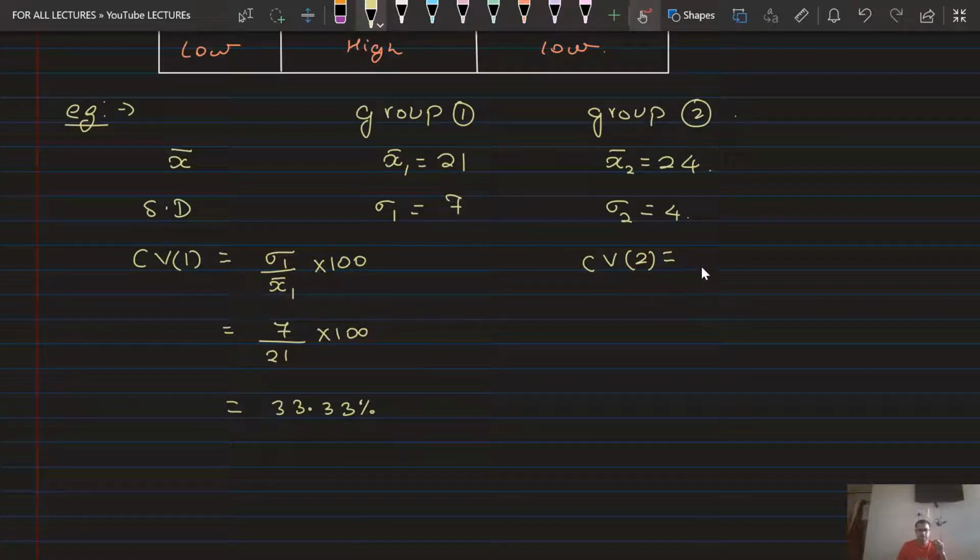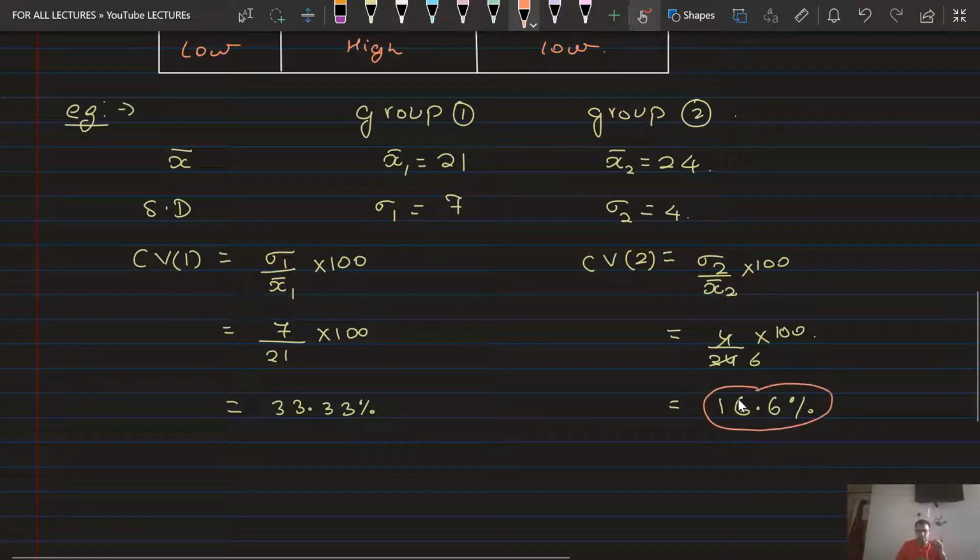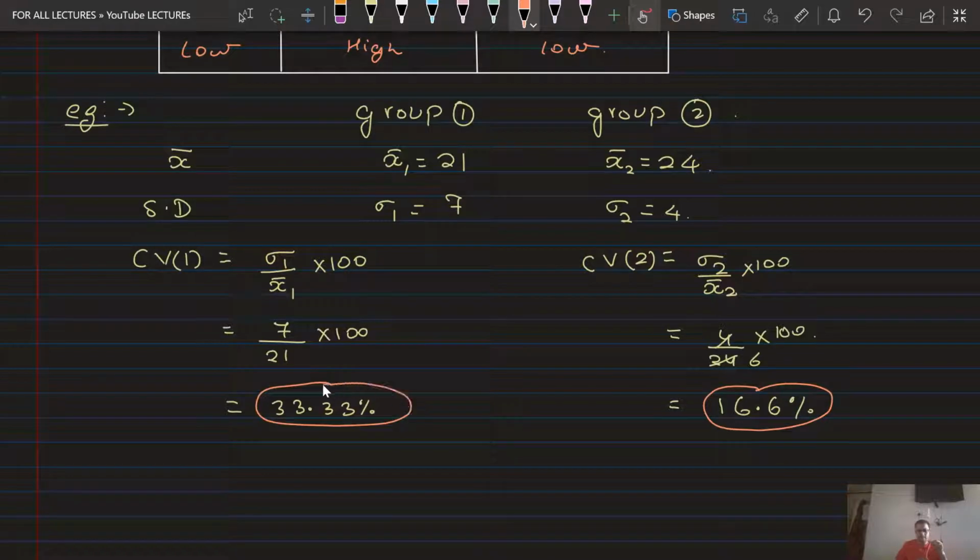Whereas for the second one, it will be sigma 2 upon x bar 2 into 100, and this is 4 upon 24 into 100. This both will get cancelled, and when you divide 100 by 6, you will get somewhere 16.6%. So see, you can observe over here that this value is lesser than this value.